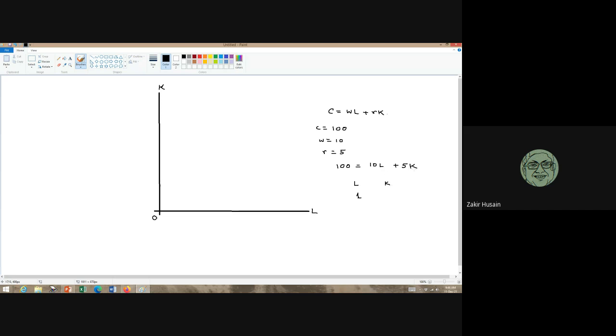What will be K? Sir, 18. Yes, 18. We simply put 10 over here, so it's 90. Divide this by 5.